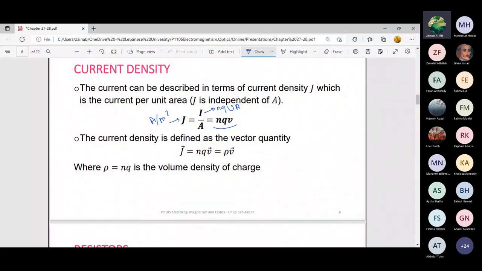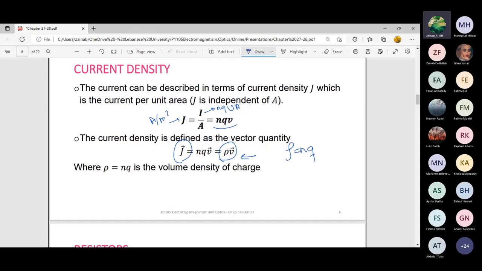So the current density can be written as rho V. Later on, if you are chemists and not biologists, you will see this formula, J vector equals rho V, because nq is simply rho, equal to n times Q. Remember, rho is the volume charge density, while n is the number charge density.